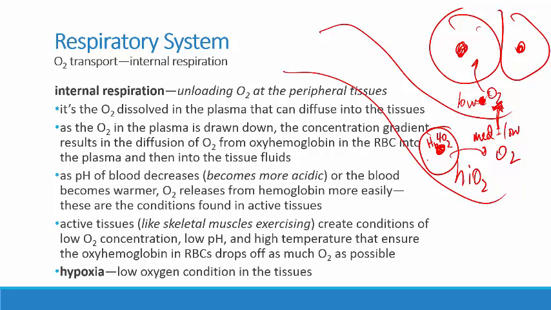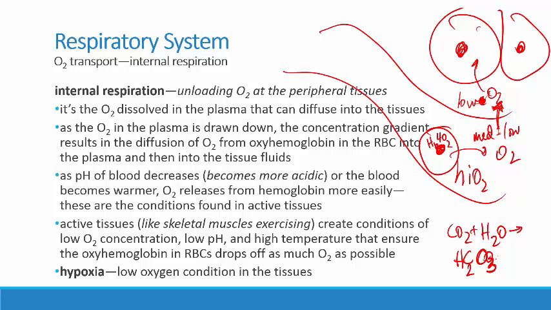As the pH of blood decreases, and we have tools that can measure this, and the blood becomes warmer, which is what happens in active tissues, because remember, active tissues are producing CO2, and CO2 plus water yields H2CO3, which is an acid, carbonic acid, and it drops off a hydrogen, and then there we are.